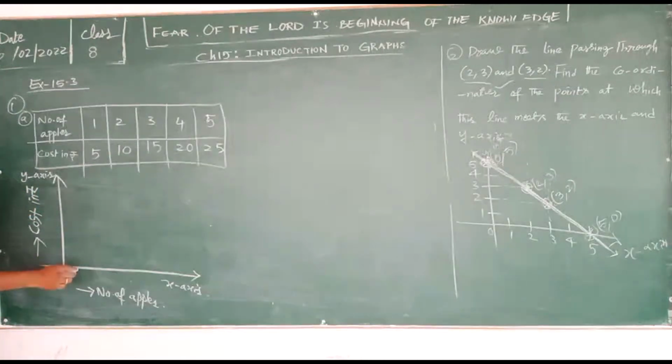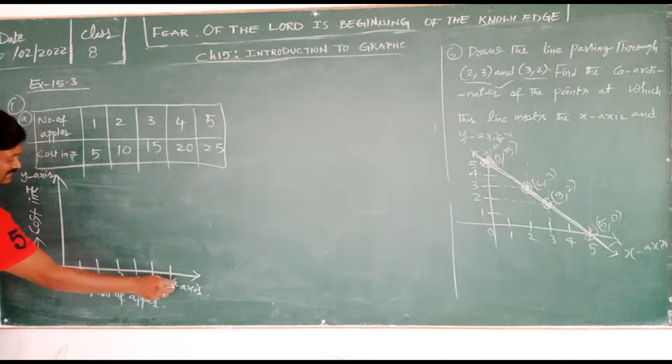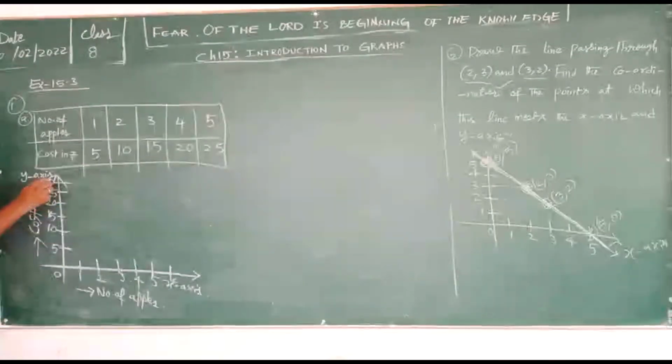So let me write here one apple, two apples, three apples, four apples, five apples, six apples. And next, 5 rupees, 10 rupees, 15 rupees, 20 rupees, 25 rupees. Let's check now how to represent this. At last 30.